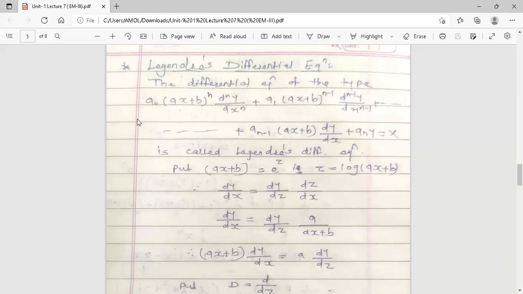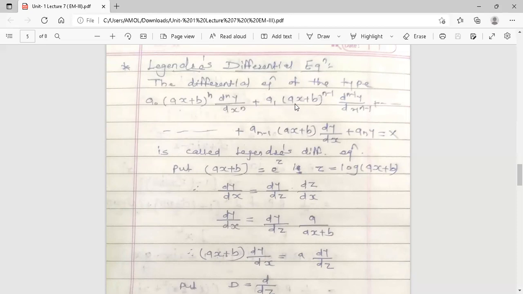With the derivative term, the nth order differential coefficient, there is a polynomial function in the form of ax plus b and its degree is n. So with the derivative term, there is a polynomial function with the same degree, and a constant coefficient is also there in every term. So this type of equation is called Legendre's equation.